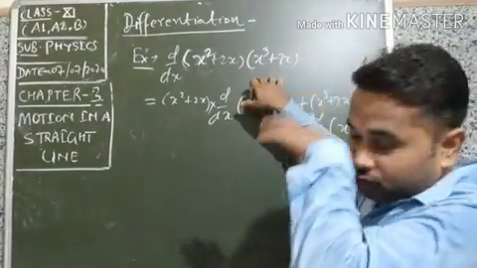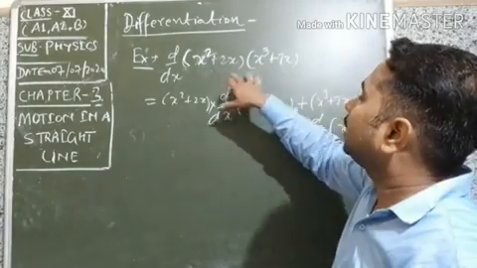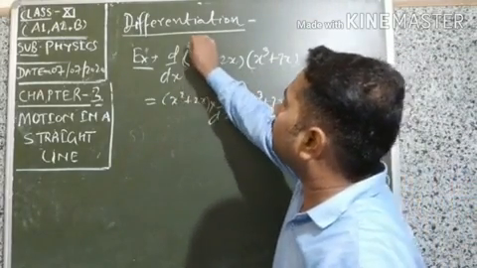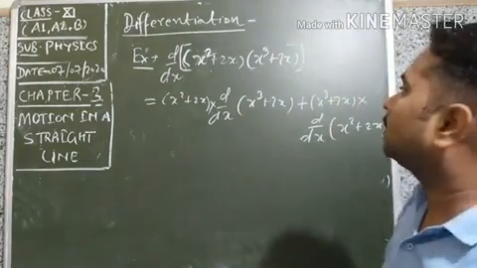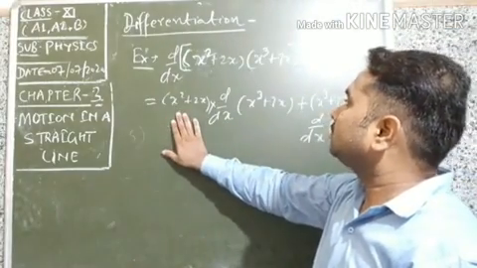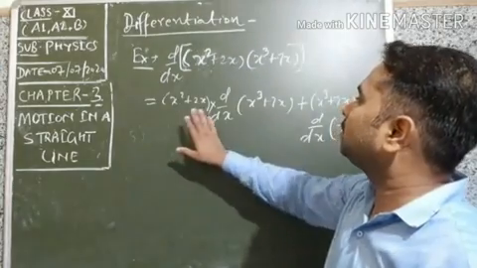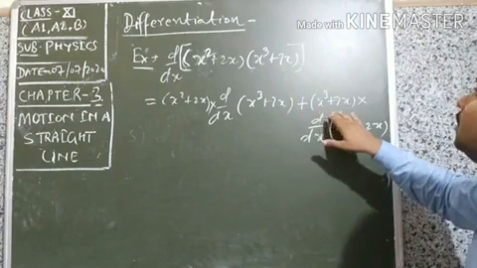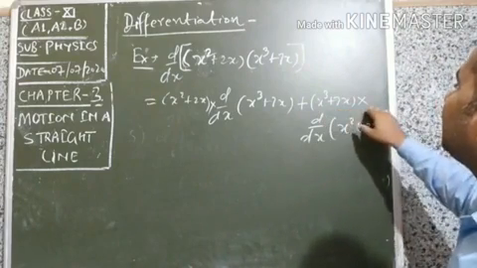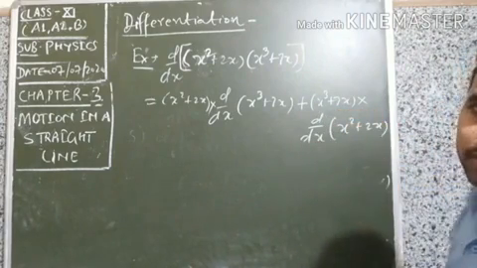These two are functions of x, and we have to find the differentiation of the product of these two functions. So what do we do? First function multiplied by differentiation of the second function, plus second function multiplied by differentiation of the first function.